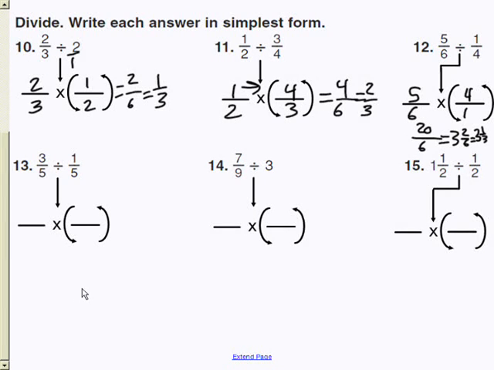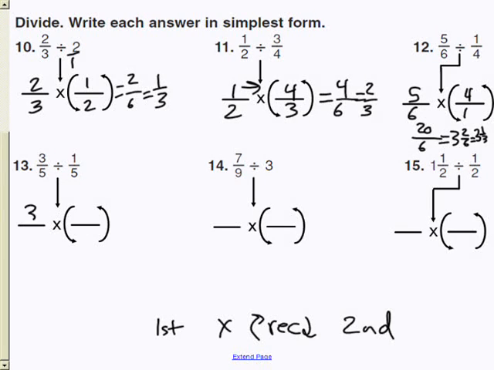All right, let's try this next one. And again, if you haven't paused the video yet and tried some on your own, do that, and then you can unpause and see how you did. So again, first fraction times the reciprocal of the second. And reciprocal is, again, just flipping that numerator and denominator. 3/5 divided by 1/5.